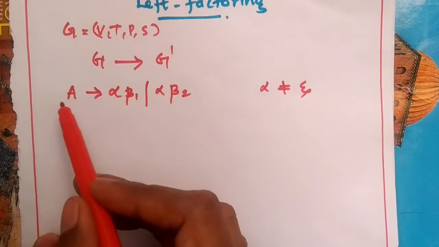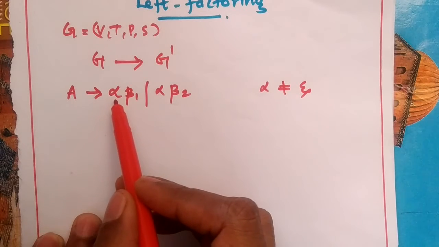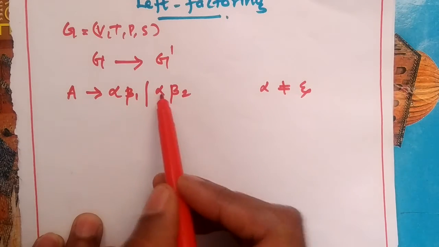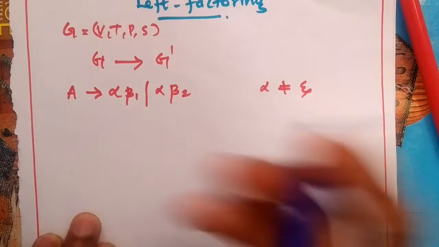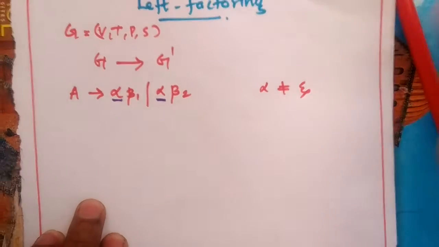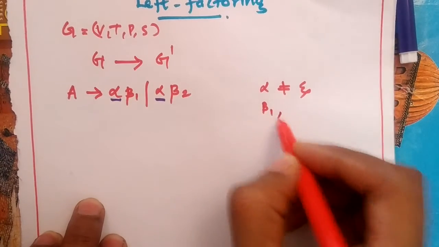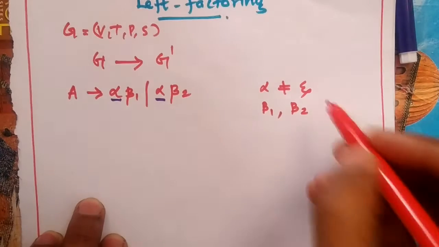You can see that both the A productions begin on the right side with alpha, but beta 1 and beta 2 are different.